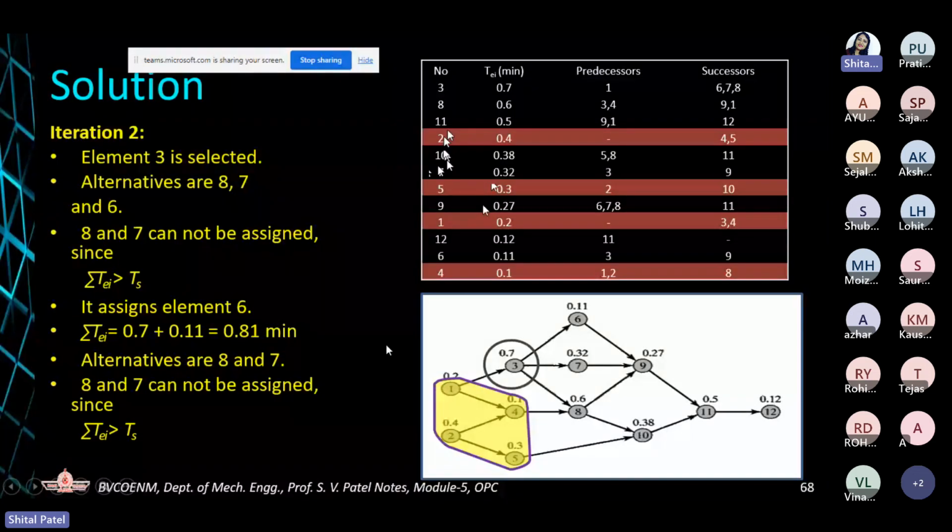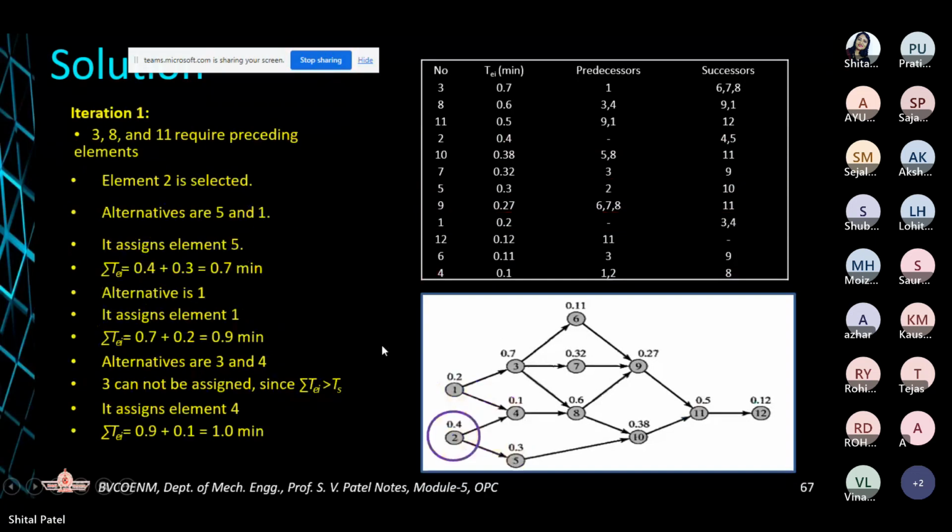Now activity 5: for activity 5, activity number 2 has to be completed, which we have already allocated. Are you getting my point? Should I explain it once again with the previous slide? Am I audible? Yes, ma'am.